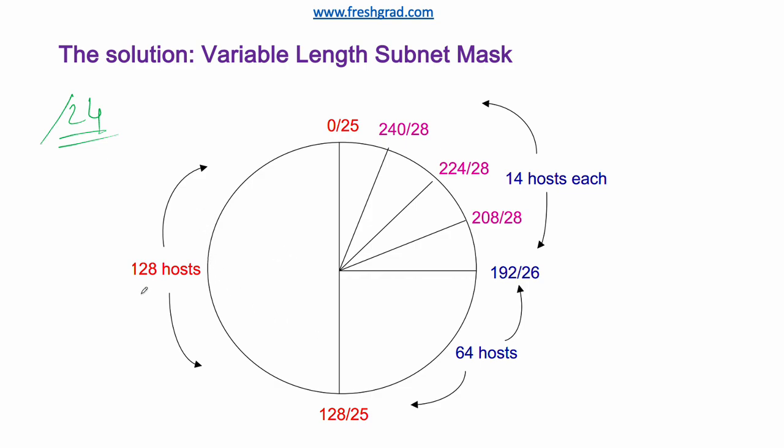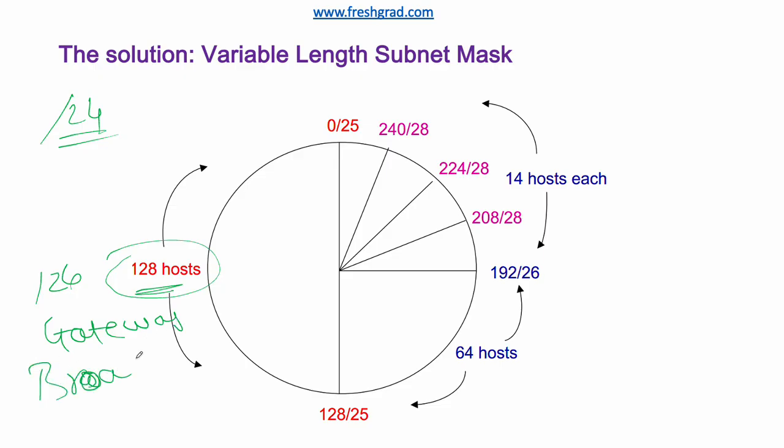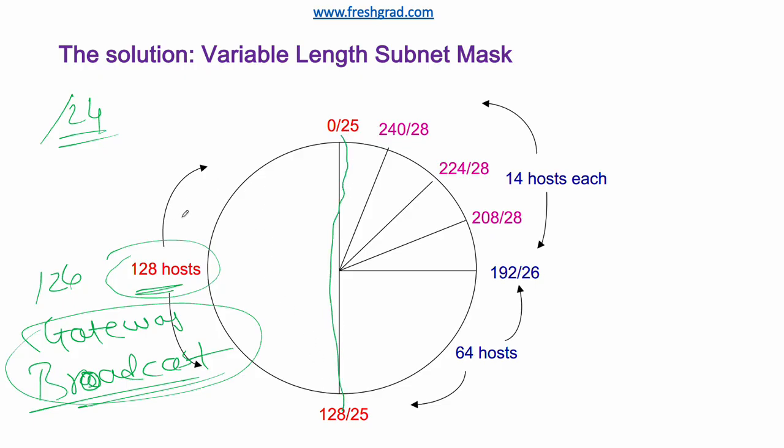So one can have 128 addresses, but minus 2 means 126 hosts, for the gateway IP and broadcast, right? So we divided equally into two. This side will have 128 and this side will have 128.